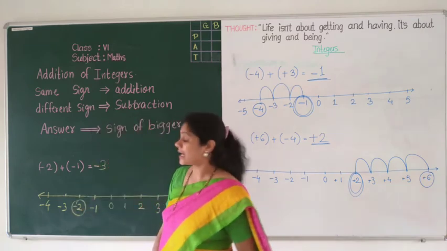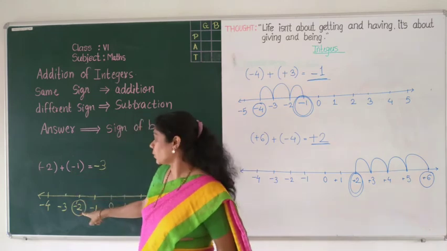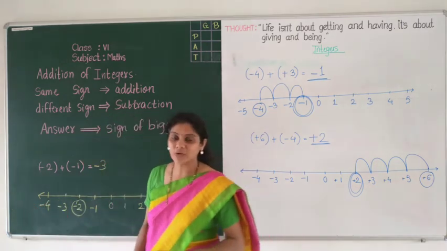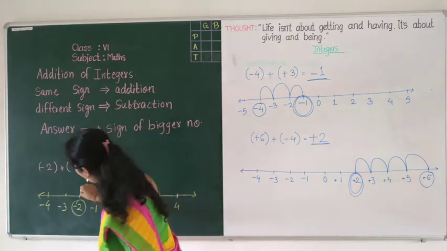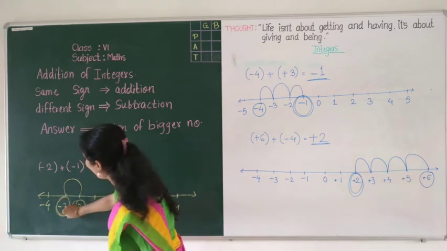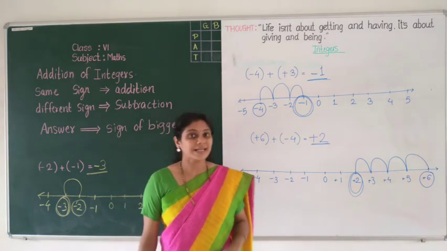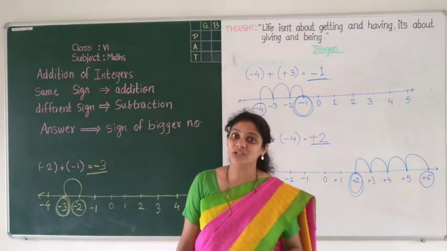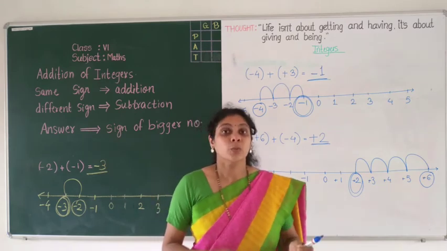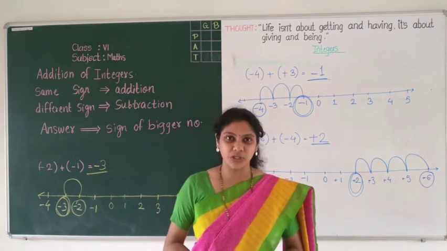And we have to take how many moves and on which side? Negative 1. Negative 1 means the left hand side. And how many moves? Only 1. So 1 move to the left hand side, and this is my answer, negative 3. So dear students, you now know how we can solve addition of integers with the help of the number line and orally also. With the help of this information, now we will start to solve exercise 6.2.